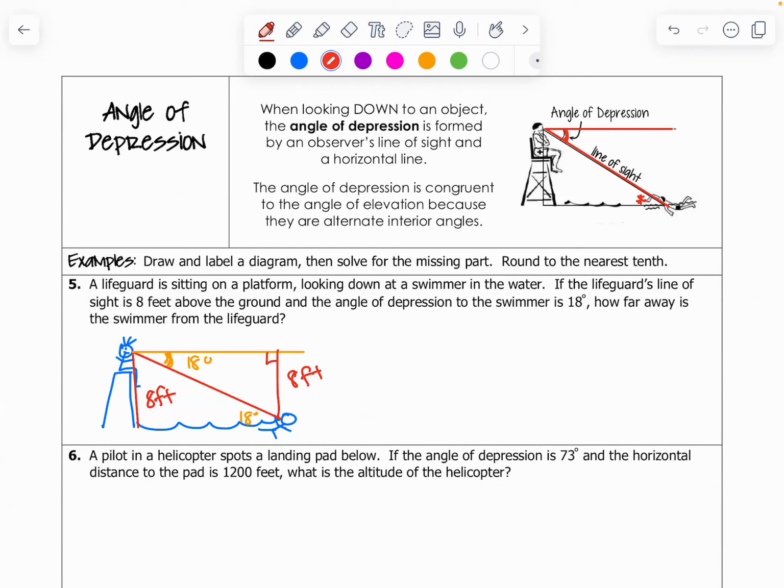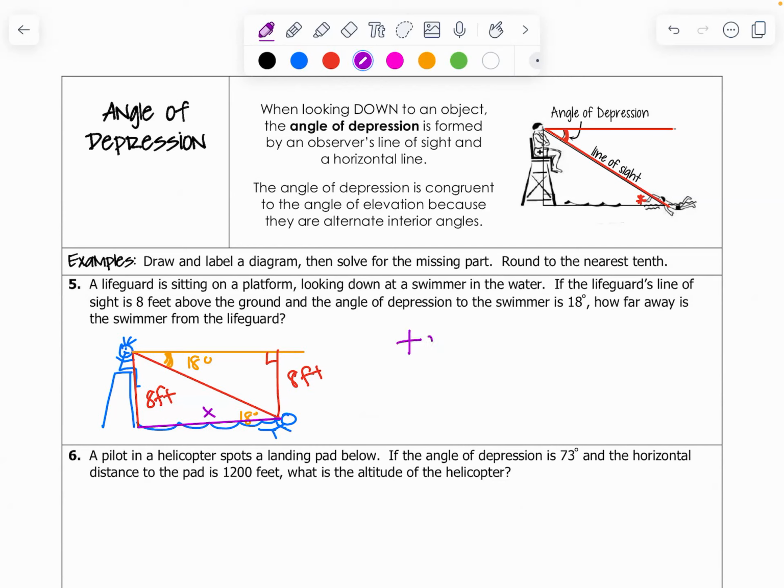We are looking for the distance the swimmer is from the lifeguard. So we're looking for how far out this person swims. We have to use tangent again.